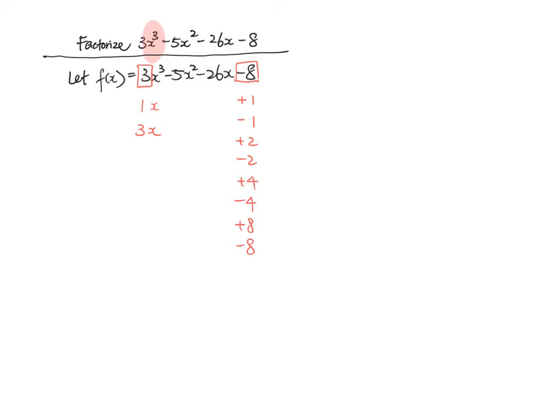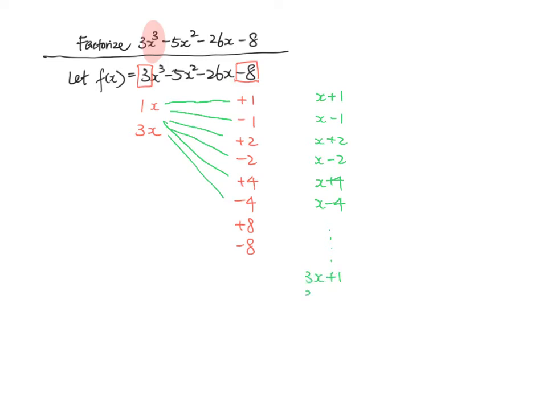For example, this pairs up with this to give us the factor x minus 1, this would be x plus 2, x minus 2, x plus 4, x minus 4, etc. Of course we also have 3x plus 1, 3x minus 1, 3x plus 2, 3x minus 2, etc.